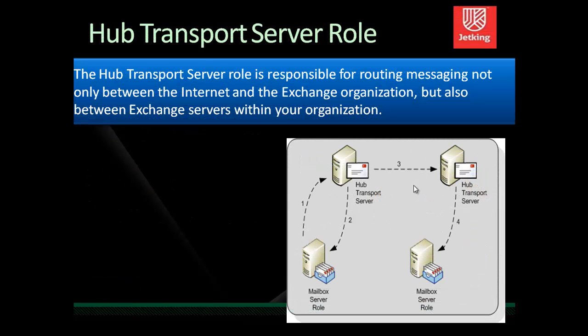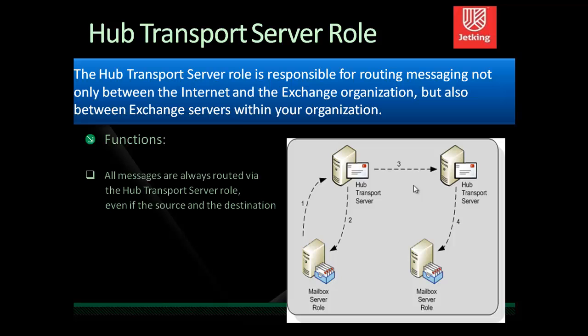Coming to the hub transport server role, the main functionality of the hub transport server role is routing messages between the internet and the Exchange server organization, and it is also used for routing the mail flow within the organization.